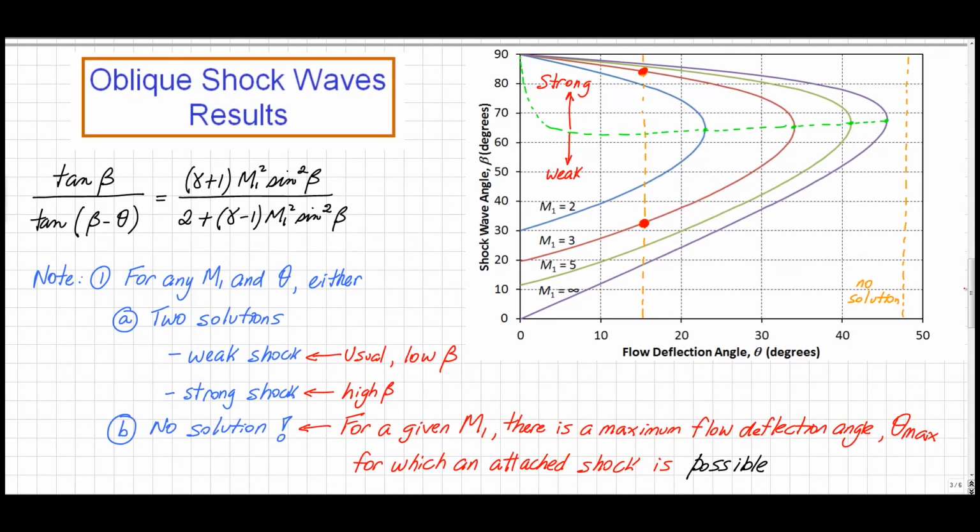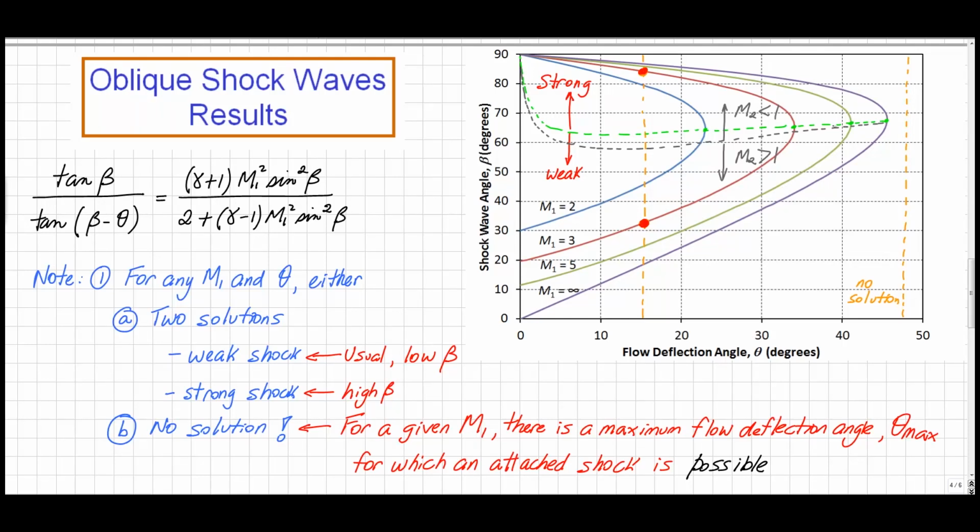I'll slide the screen back up because there's another small curve that I want to put on the theta-beta-Mach number curve, and that's this dashed curve here. Everything above that curve has the Mach number downstream of the oblique shock being less than 1, and everything below that curve has the Mach number downstream of the shock being greater than 1.